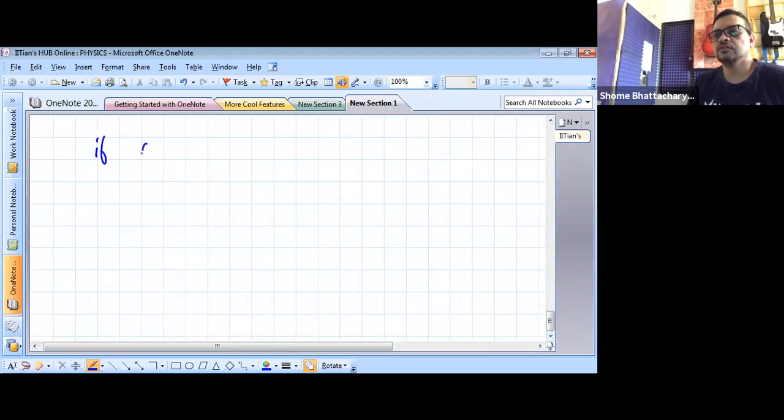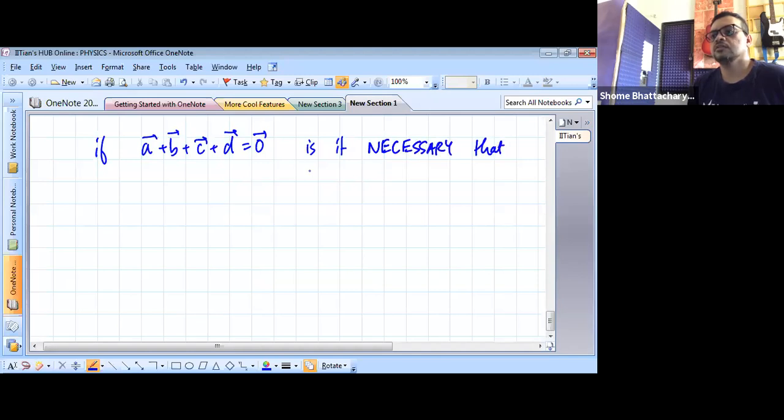If the sum of four vectors is equal to 0, is it necessary that they must be coplanar?